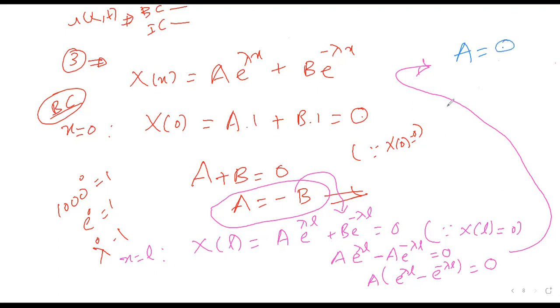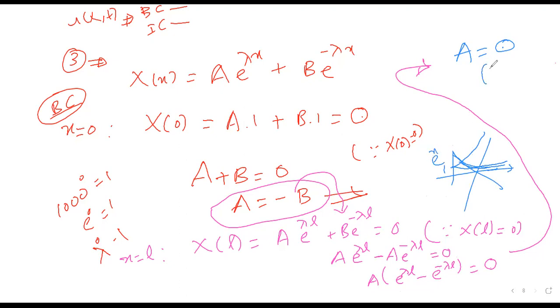How come? The exponential terms can't be 0, am I right? So x of 0 will be somewhere 1, it goes like this, from 1 to infinity. Or if it is minus, it will reach 1, but it won't be 0 in any case. This is the idea of the exponential.